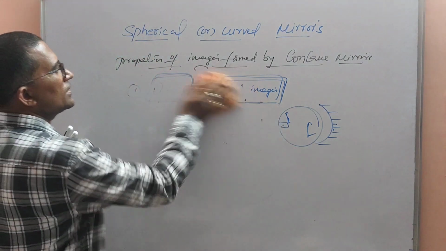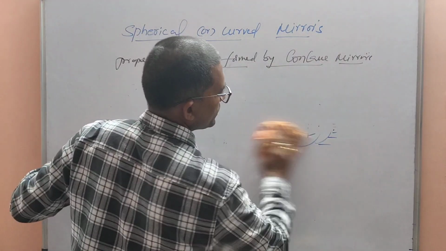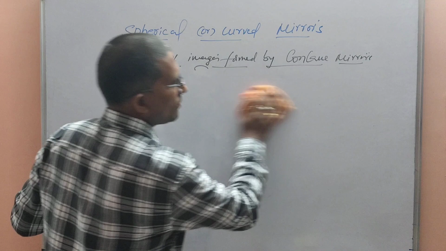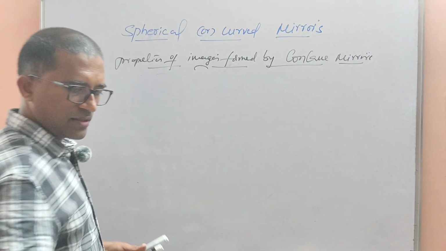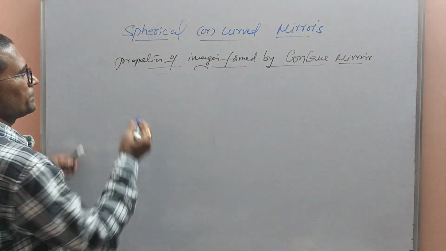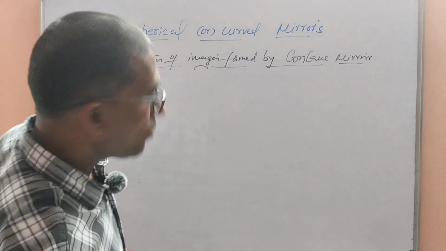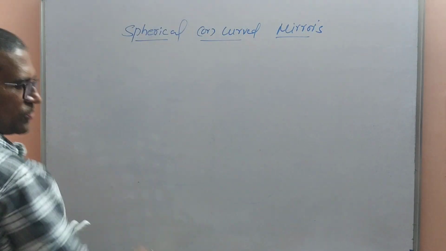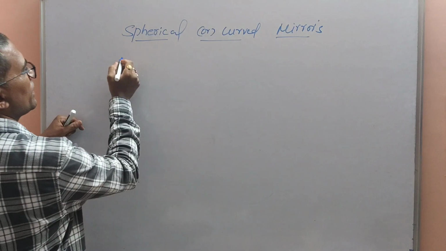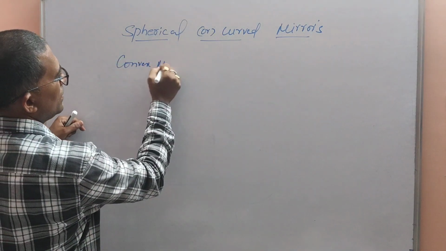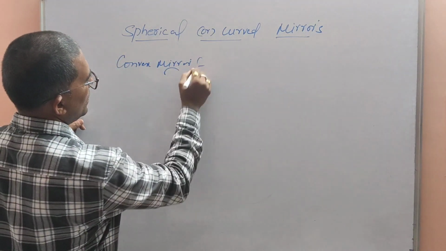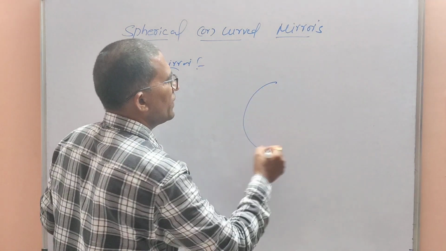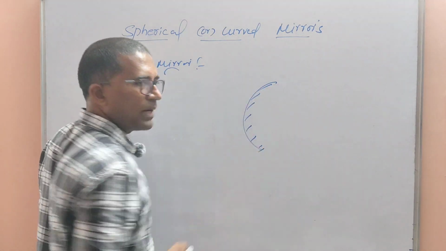Okay. Next is the convex mirror. Another type of spherical or curved mirror is the convex mirror. What is a convex mirror? It is a type of curved mirror in which the reflecting surface is bent outwards, bulged out.